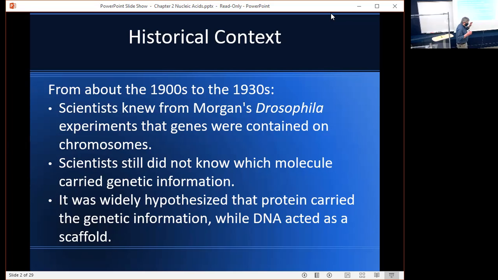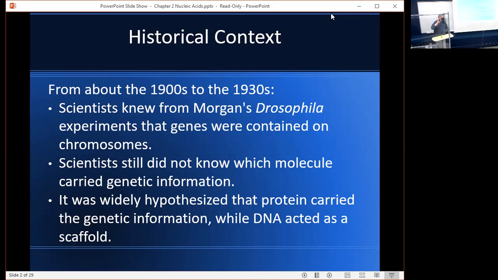From Sutton, we know that chromosomes have something to do with inheritance because they're consistent with Mendel's laws. Then Thomas Hunt Morgan, by using recombinant phenotypes to map the positions of genes on a chromosome, established that the genes are actually contained on the chromosomes.